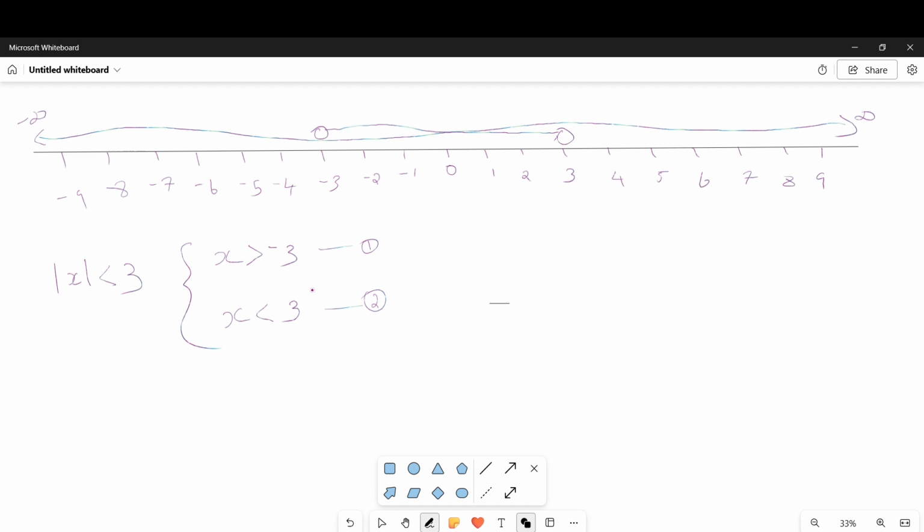Now I'm just making this into the interval notation. So x is greater than minus 3 means minus 3 comma infinity. Okay, for this one, minus infinity comma 3. This is the interval notation of these two cases.